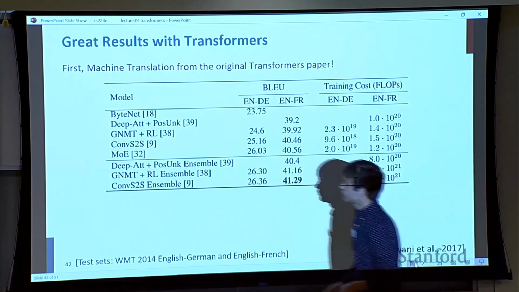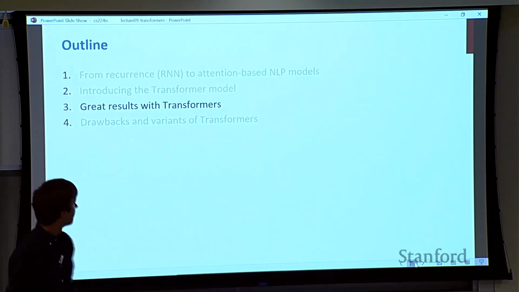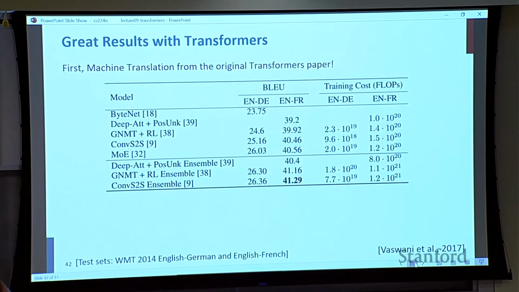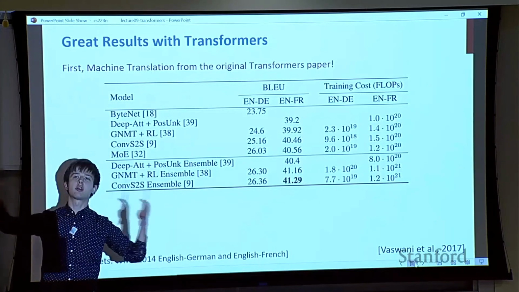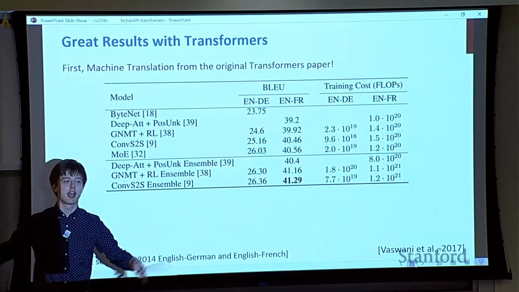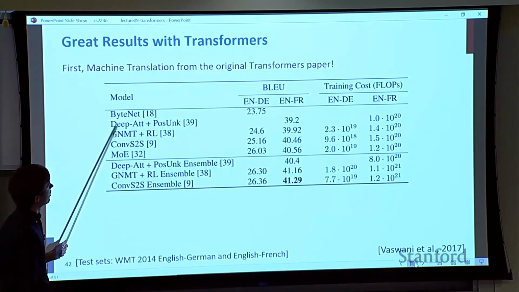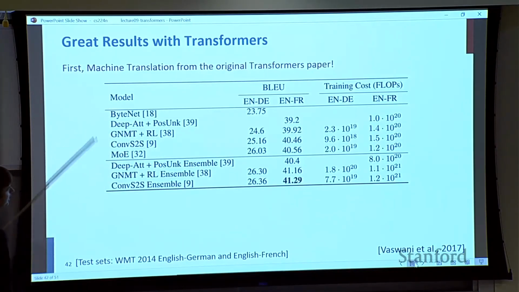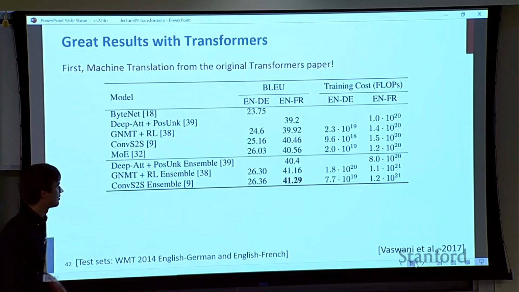Okay, so results with transformers. First off was machine translation. So we built our entire encoder-decoder transformer block, and how does it work? It works really well. These are a bunch of machine translation systems that were out when the original Attention Is All You Need Transformers paper came out.